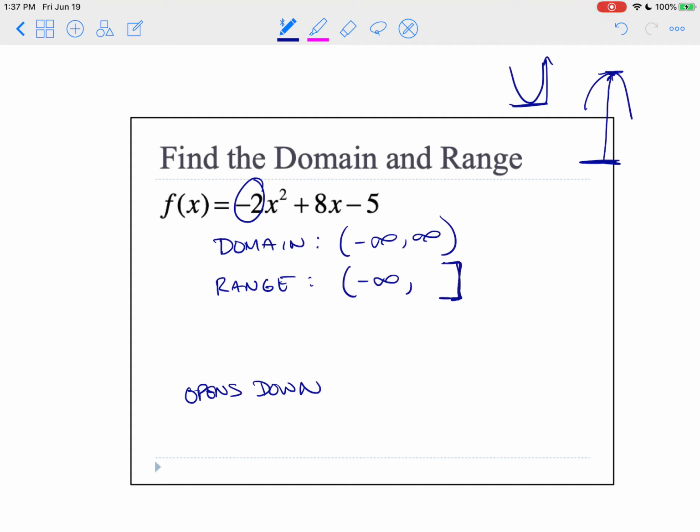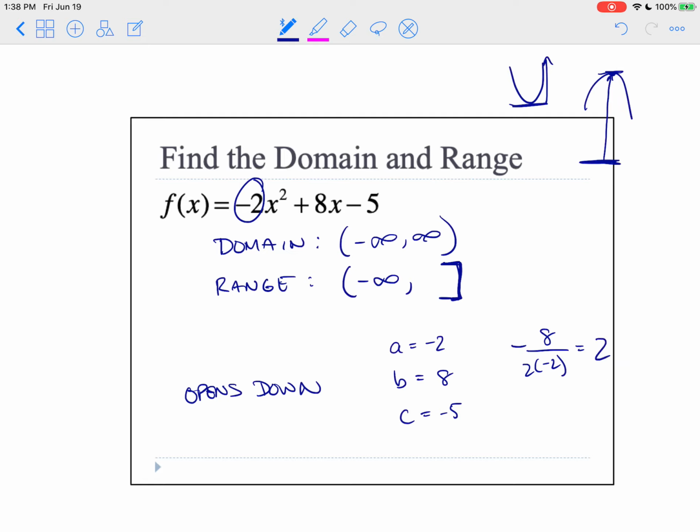So I'm including that value, that's why I have the square bracket here. Now I need to find out what that value is. So first I need to find the x-coordinate of the vertex. In this quadratic, a is -2, b is 8, and c is -5. So -b over 2a gives me -8 over -4, which is +2.